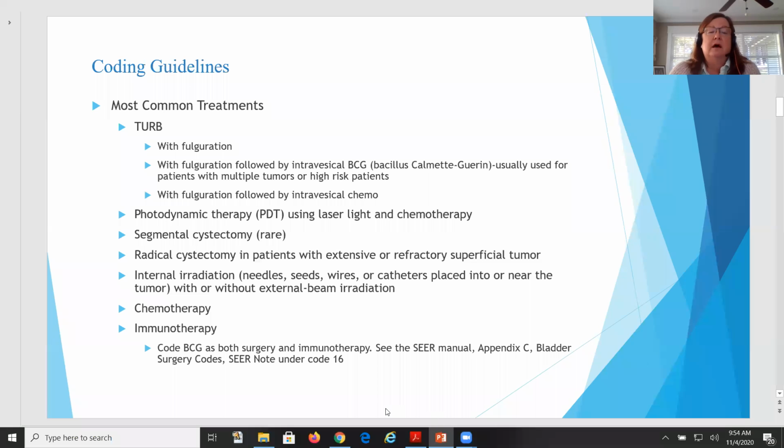Note that the BCG immunotherapy is to be coded in surgery and immunotherapy. If you're looking through the surgery codes, which you can also access through SEER Appendix C that I showed you a little bit ago, you can see that there is a separate surgery code 16 for this BCG immunotherapy.